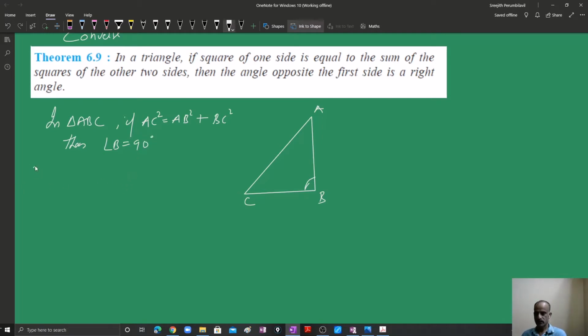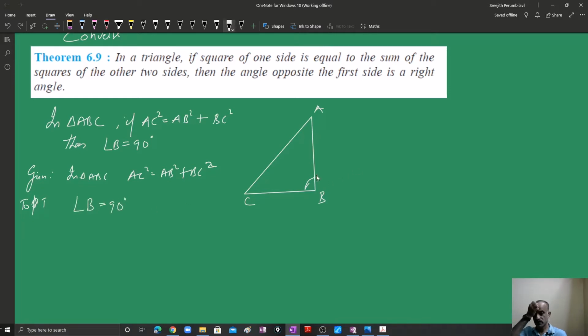That is, the given part is: in triangle ABC, AC square is equal to AB square plus BC square. To prove that angle B is equal to 90 degrees.